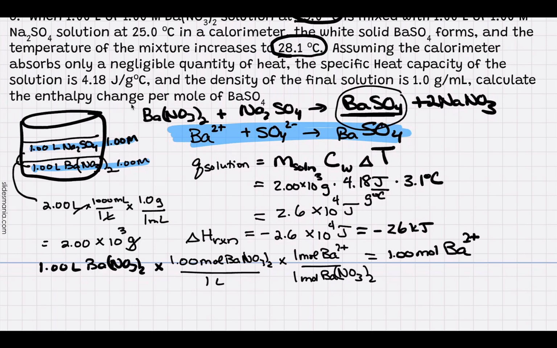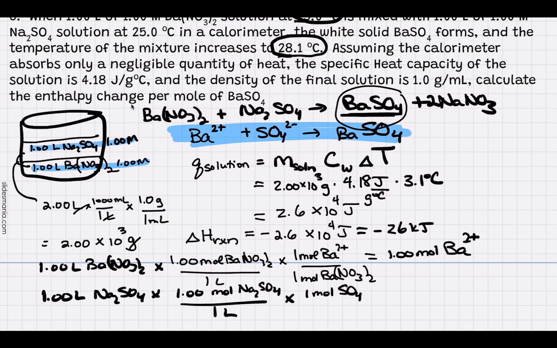Similarly, I'm going to do the same thing, but now for the sodium sulfate. And I know the molarity. And I know that I have 1 mole of sulfate for every 1 mole of sodium sulfate. And I know they're the same, but they don't always have to be.